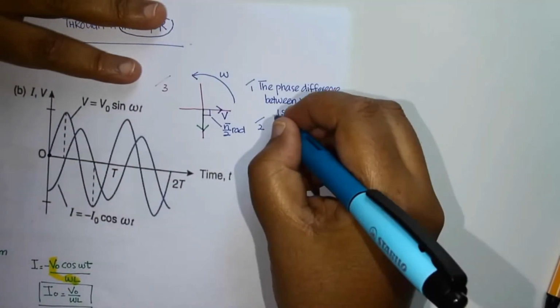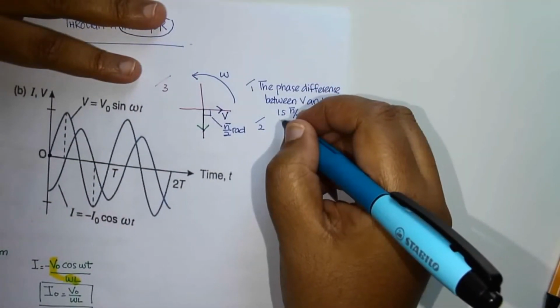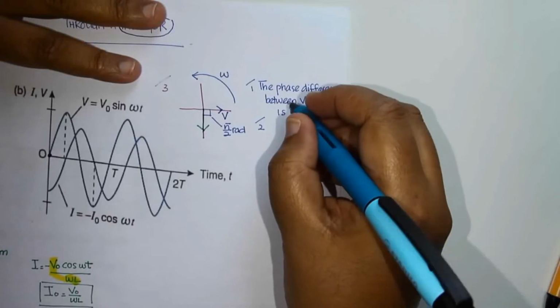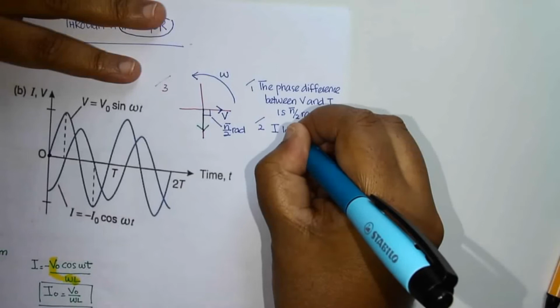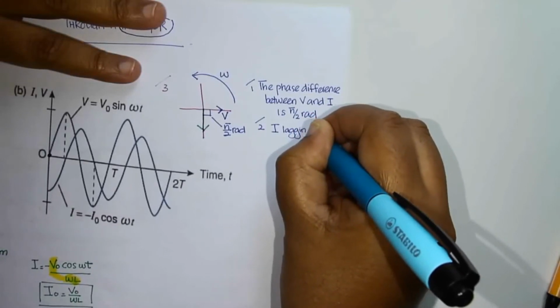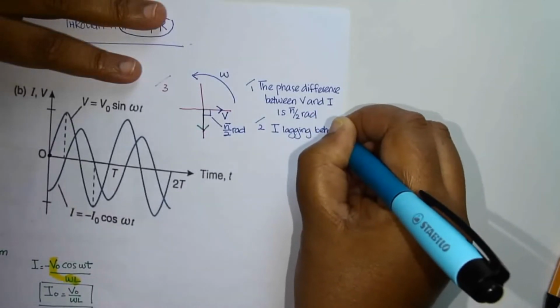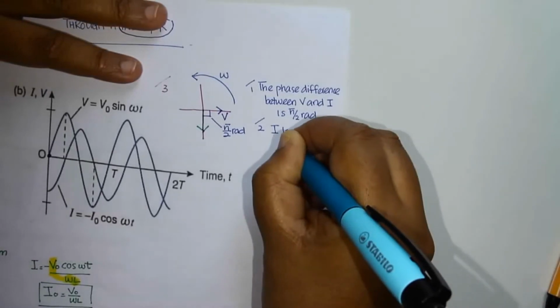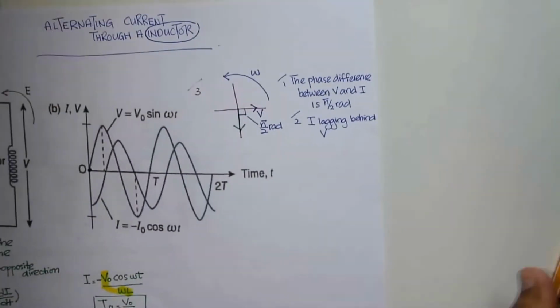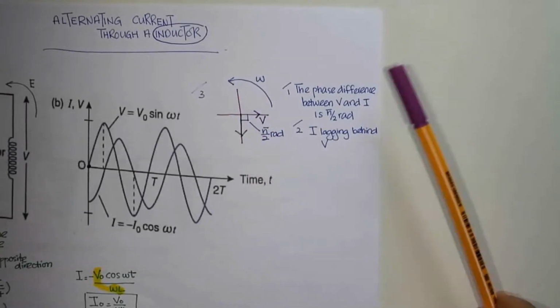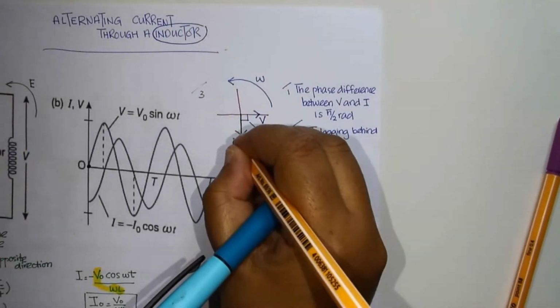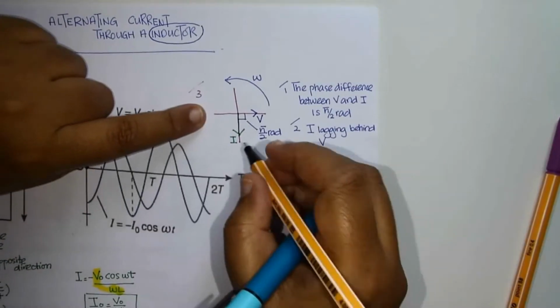So V is leading, I is lagging. This is the phasor diagram.